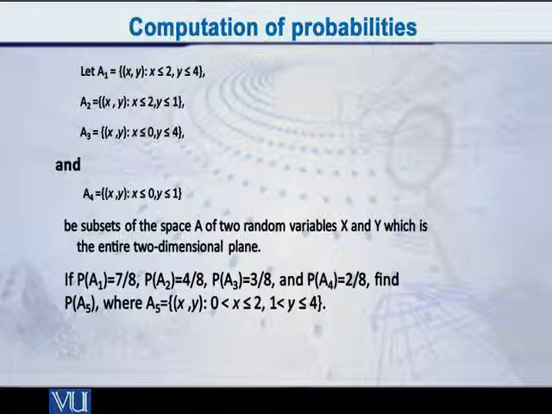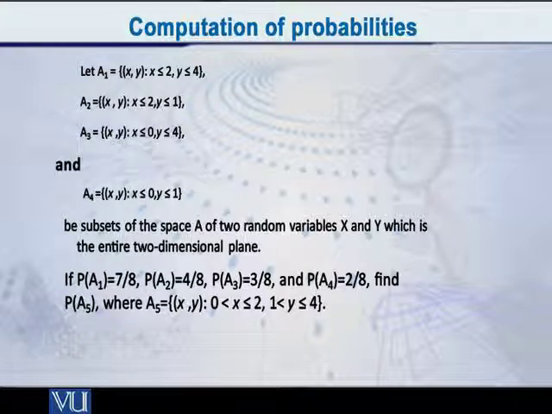By the way, if I say less than or less than or equal to, you know that in the continuous case it doesn't matter. And after this, one more, A4. A4 is the event that X is less than or equal to 0 and Y is less than or equal to 1. Now we have defined all these events.